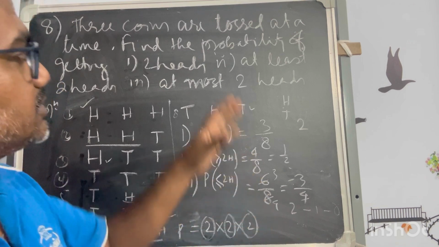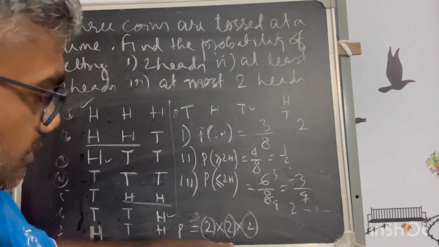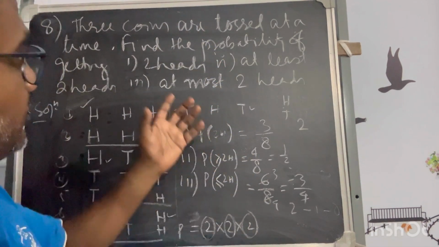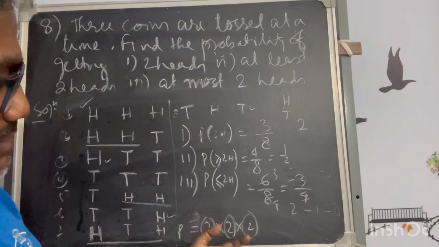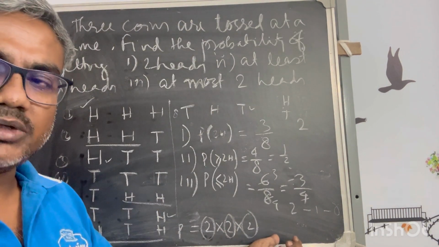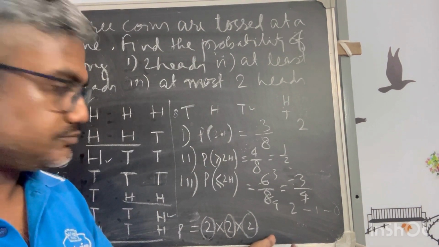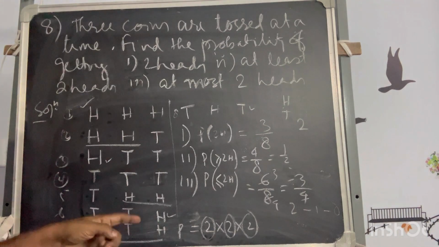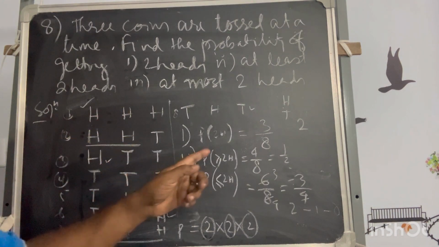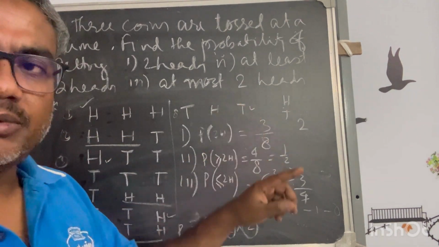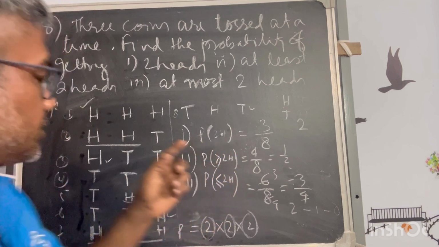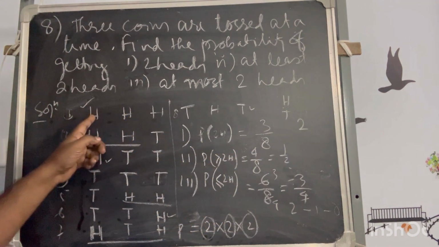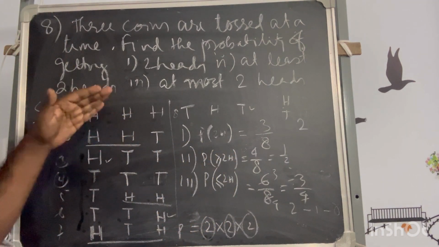In this case, you can fix a theory: when the number of coins changes, every time you have to multiply by 2 to get the possible results. Now why is this needed? This is needed to get the favorable outcomes, that is how many heads, how many tails.